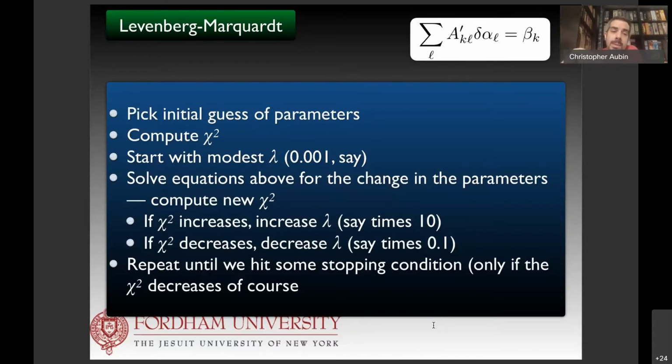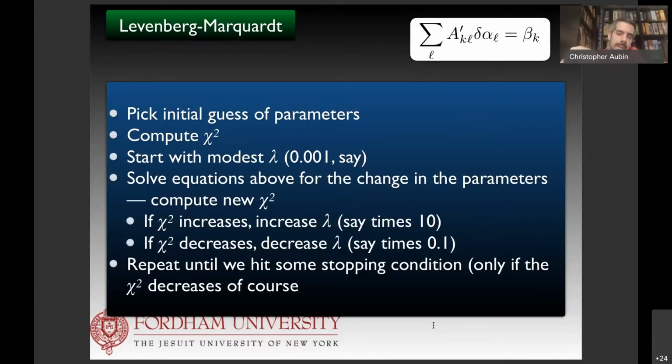However, if the chi-squared decreases, then we either will stop if the chi-squared decreases by a small enough amount. Pick some stopping condition. It could be 10 to the minus 4, 10 to the minus 5, depending on your choice. You don't want it to be too small. You don't want this to run too long or to start doing random sampling.